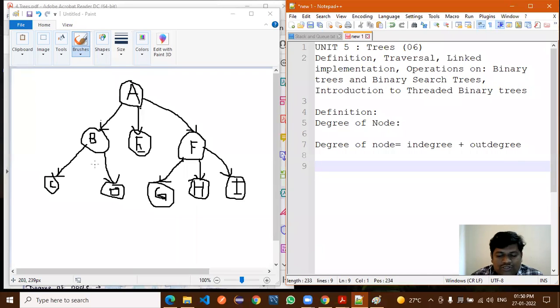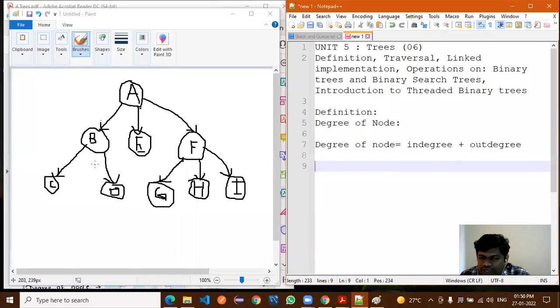If a tree is not empty, then the first node is called the root node, and the in degree of the root node is always 0. Excluding the root node, all of the remaining nodes must have in degree exactly 1.